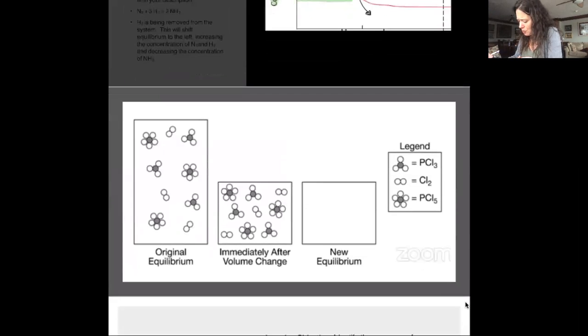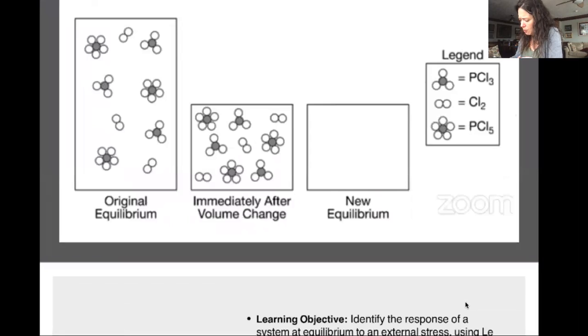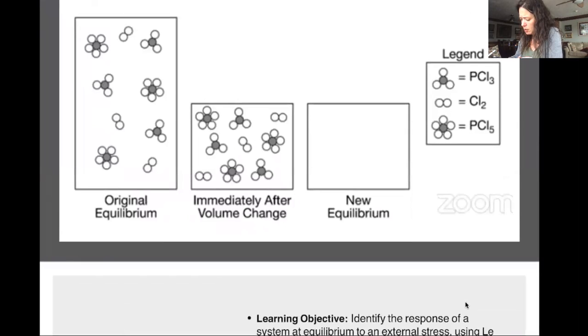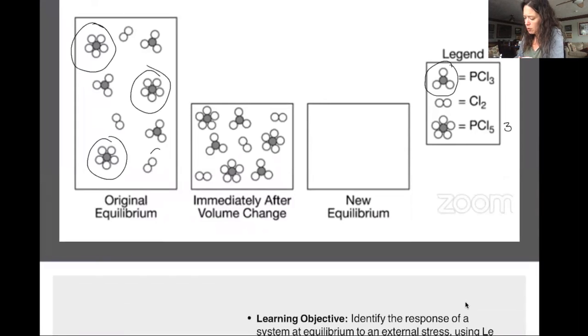I don't know what's going on here, and it doesn't make any sense to me. Original equilibrium, let's see. PCl3, PCl5, so 1, 2, I don't know what we're supposed to be noticing here, 3, so we have 3 of these, we have 1, 2, 3 of these, and we have 1, 2, 3 of these.